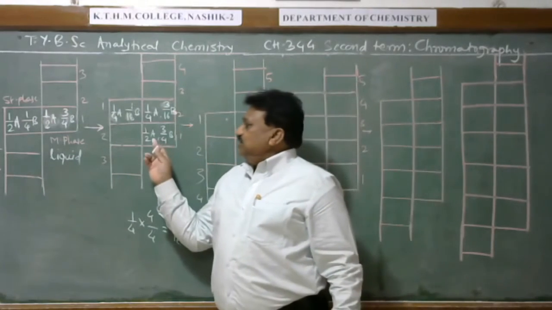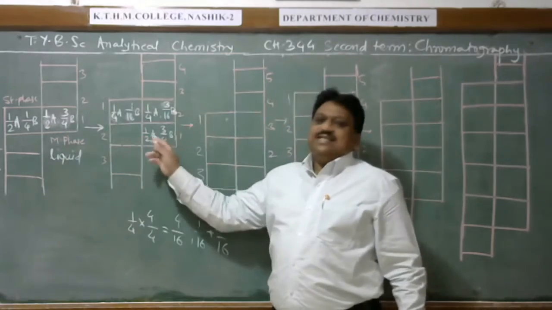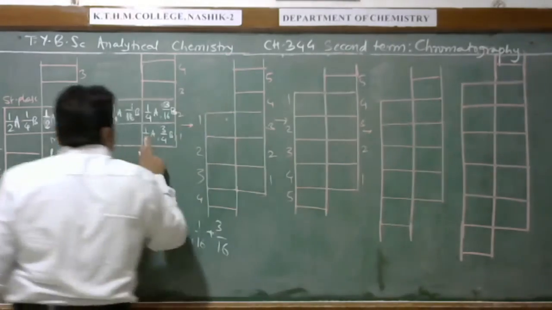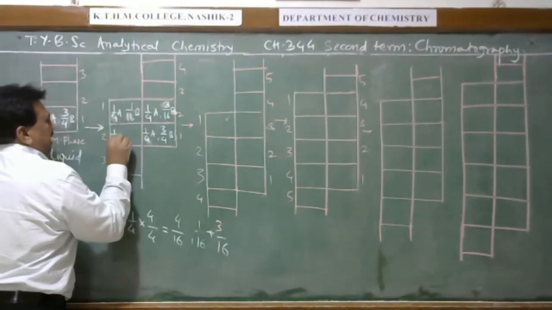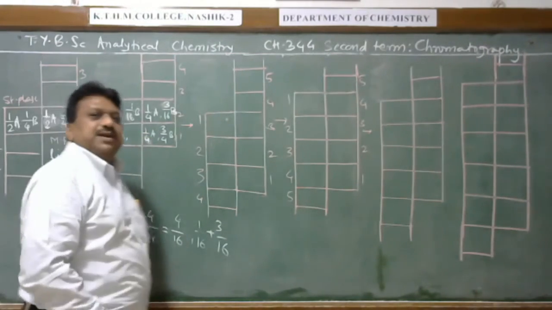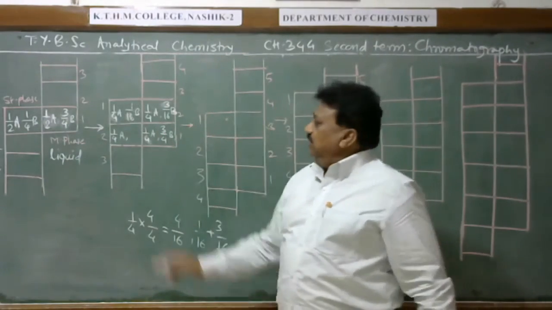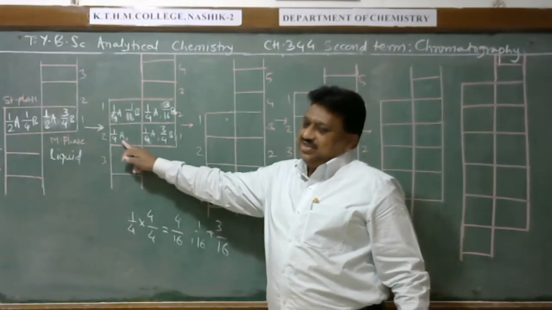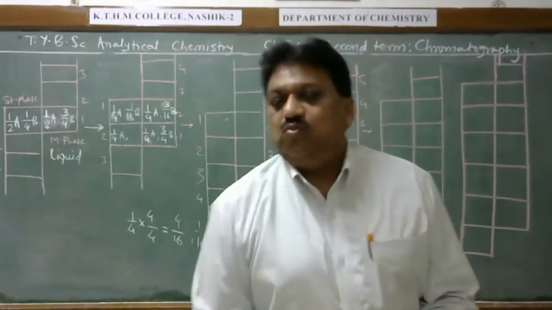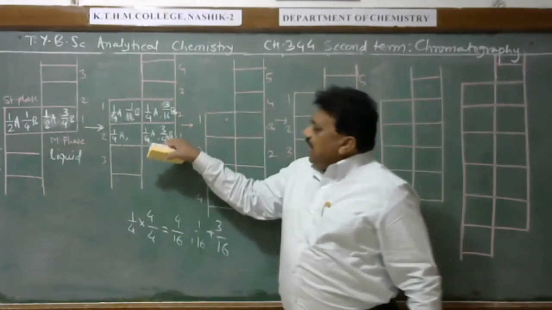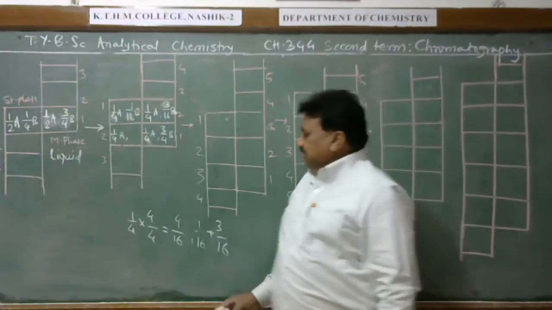Similarly, there is distribution of A and B with these two solvents. Again A is equally soluble, meaning 1/4 A will remain in the stationary phase and 1/4 A is given in the mobile phase. Therefore here again we have to distribute B as 25% and 75%.